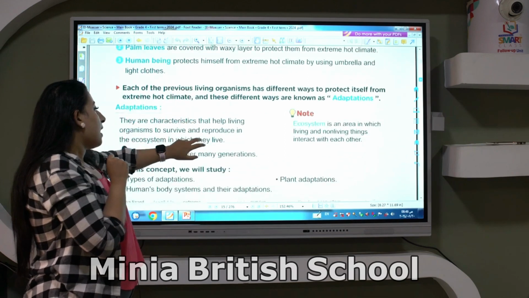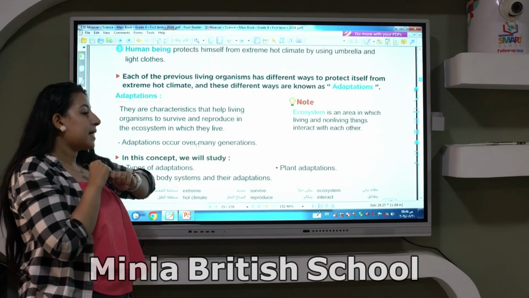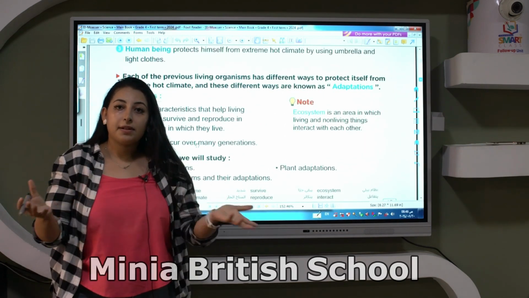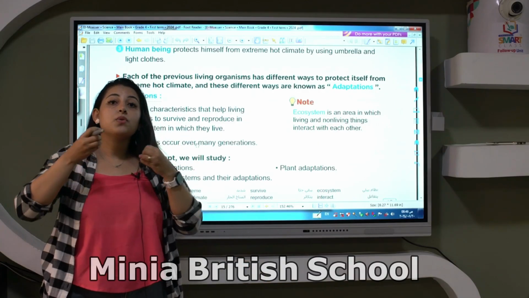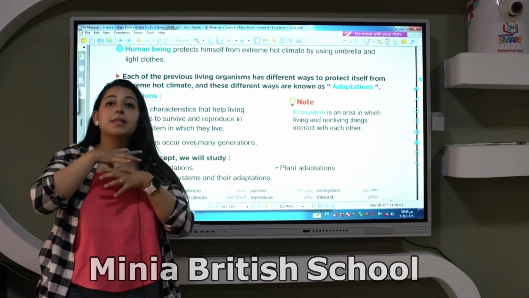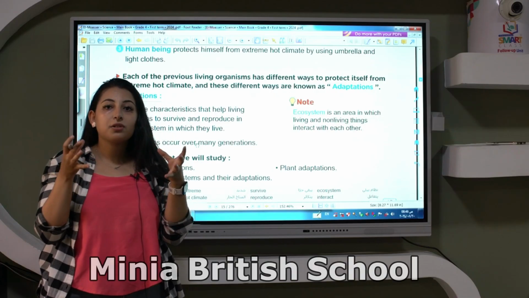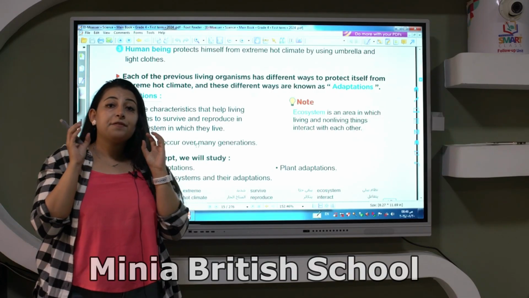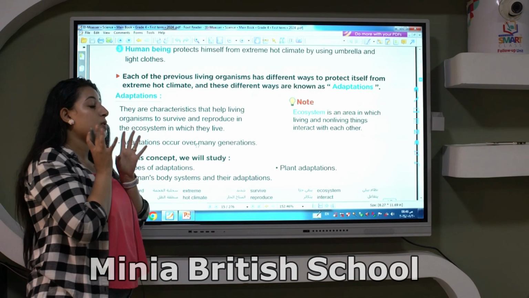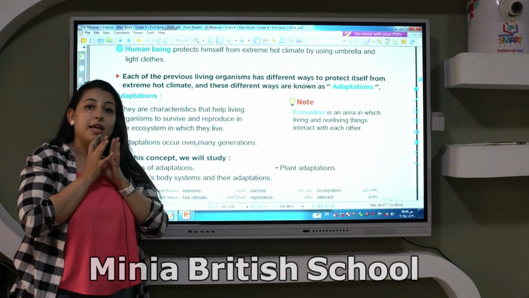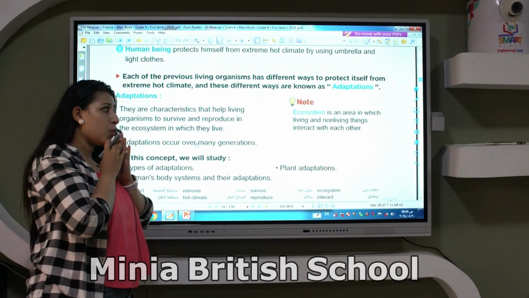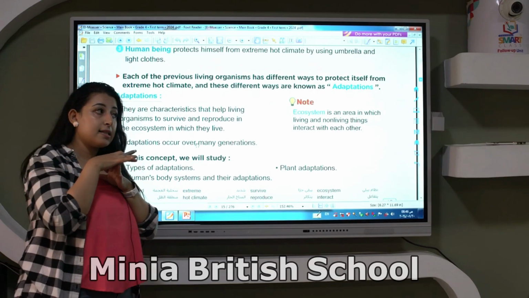As well, humans can make behavioral adaptations, and also they have inside their bodies something called structural adaptation. The difference between structural and behavioral adaptation, we'll take it in the next lesson.